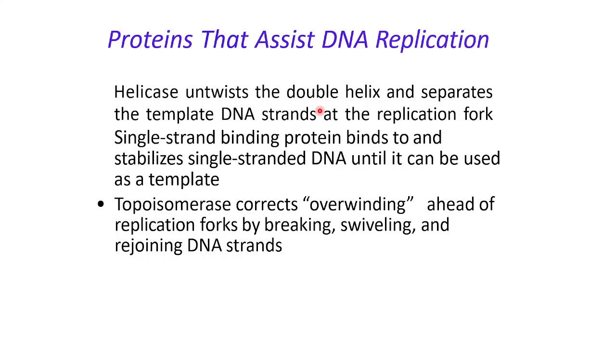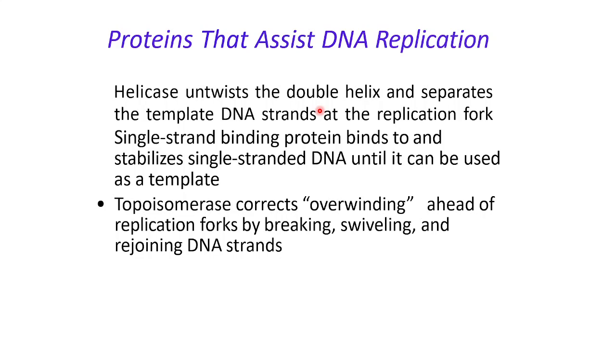is done. And finally you have the topoisomerase that corrects the overwinding ahead of the replication forks by breaking, swiveling and rejoining the DNA strands. Like if you take a rubber band and you make a lot of spirals around it, and then from the middle you try to open it, you will see that there are more turns happening at the ends.